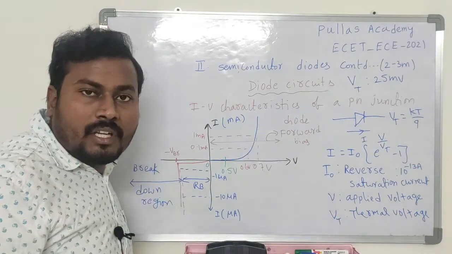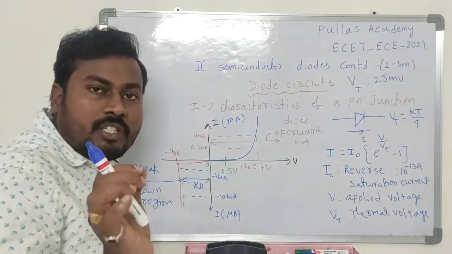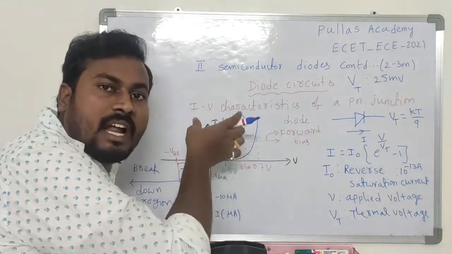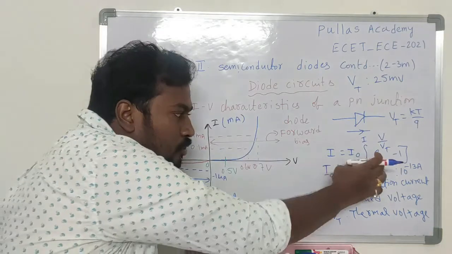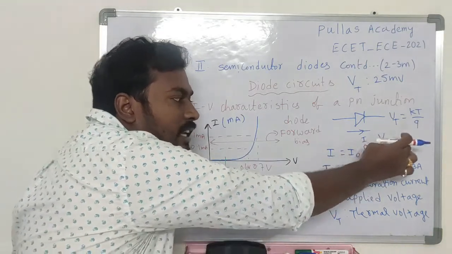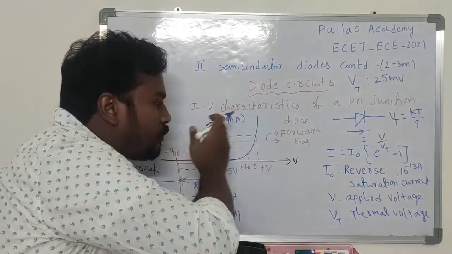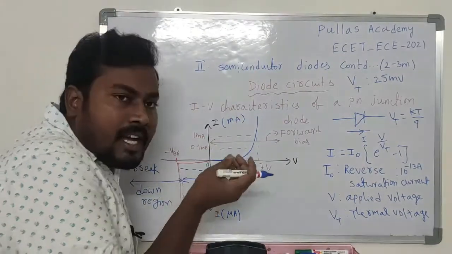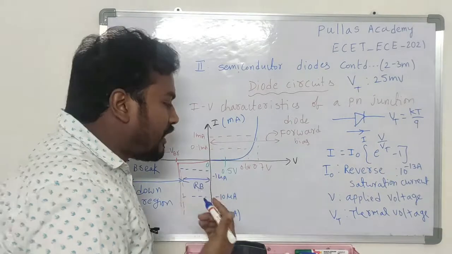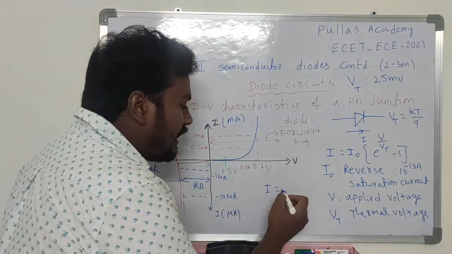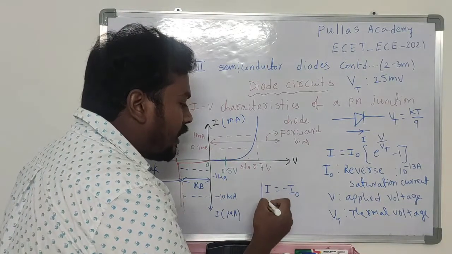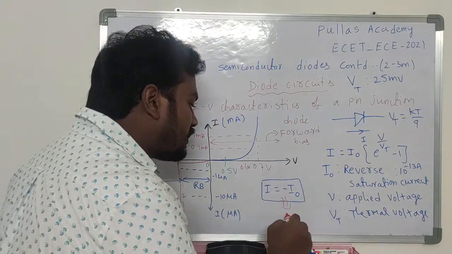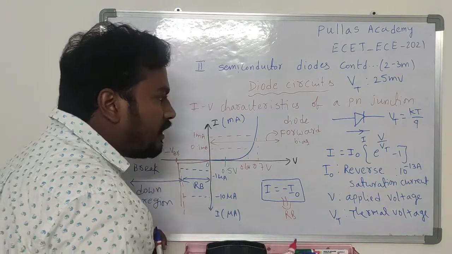Please listen to me carefully. When you are applying positive voltage to the diode, the diode is under forward bias. When the diode is under forward bias, it has an exponential relation between I and V and exhibits the exponential nature of the graph. In reverse bias, the diode has a very small amount of current, given as I is equal to minus I0. Please be clear here.